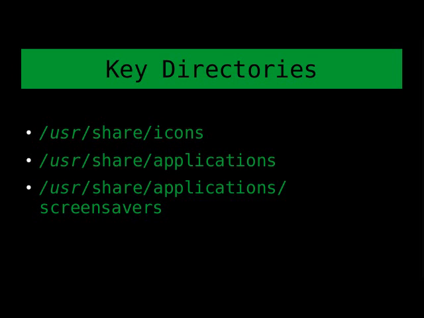User share icons. That's where your icon libraries are, and they've got a whole bunch of different icon libraries. We're really going to look mainly at one, but we're going to have a look at what the general names of them are. Well, not really all of them, but a chunk of them. There's a ton of them in there. It just depends on which display mode the computer is trying to display your icon in.